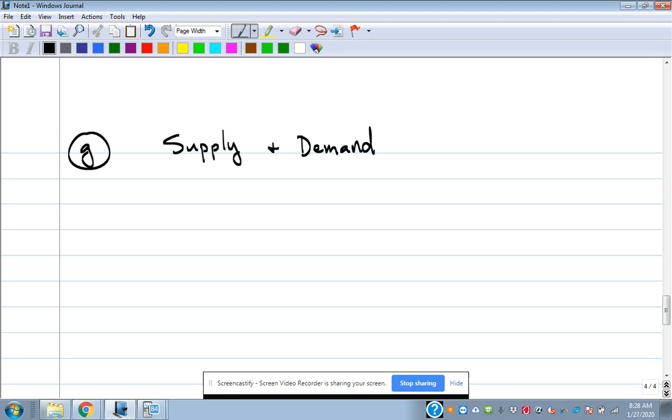Okay, so the higher the supply, the lower the demand, right? So give me an example of a time when there is a low supply and a high demand, anything that relates to you guys. Say it again. Gas.